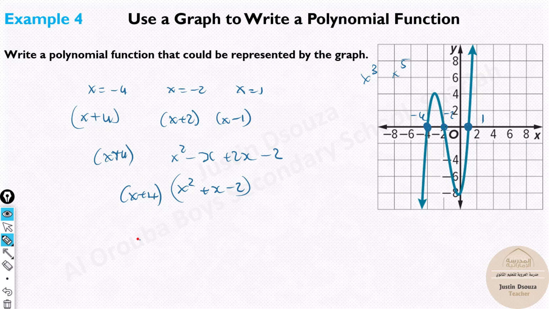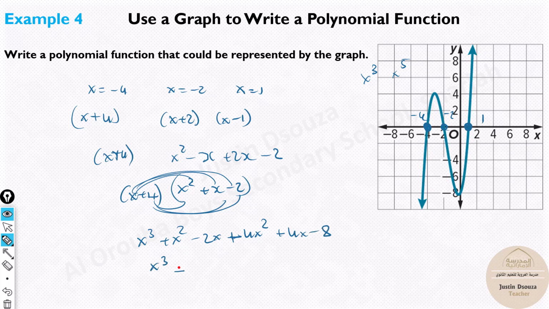So it will be x cubed plus x squared. Then we have minus 2x plus 4x squared. So it's like this. I'll just draw the arrows. This with all the terms, and this with all 3 terms. 4x squared plus 4x minus 8. And now we need to simplify it. x cubed plus x squared and 4x squared becomes 5x squared plus 2x minus 8.